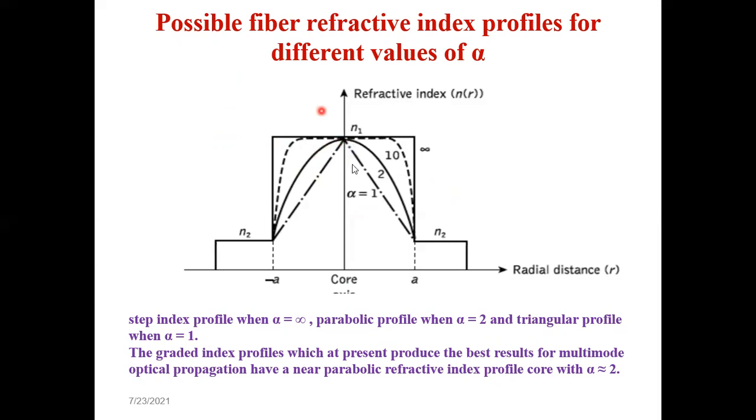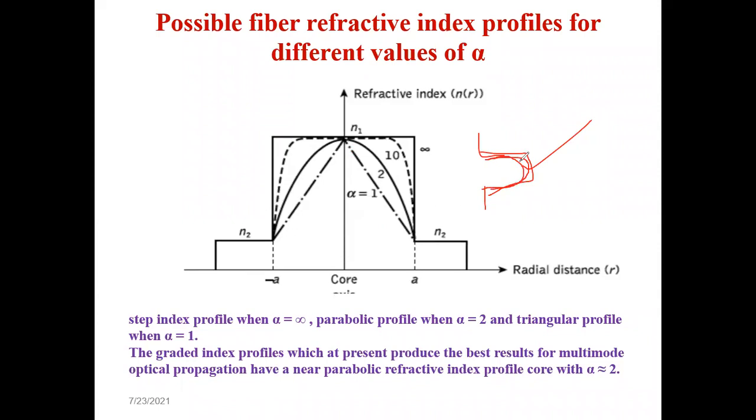But usually, when I want to represent a graded index fiber, I will not be drawing all these things. At that time we will simply draw the core like this, to show that it is a graded index. You do not draw a step, just draw this shape, around one like this.